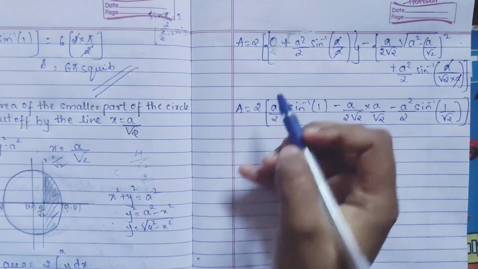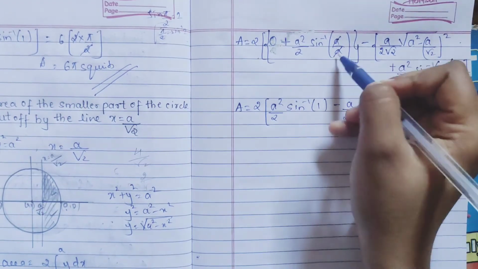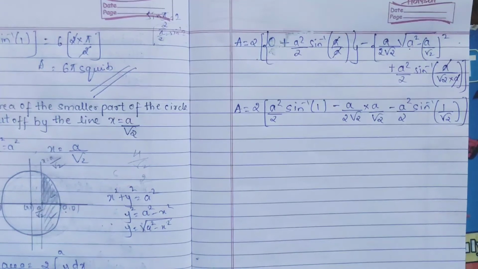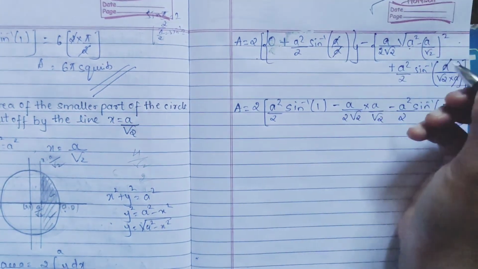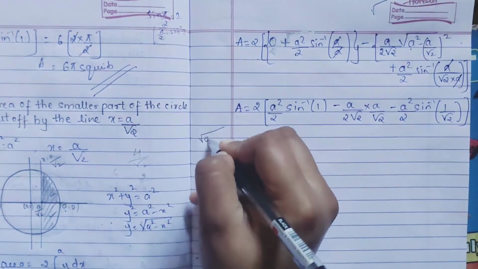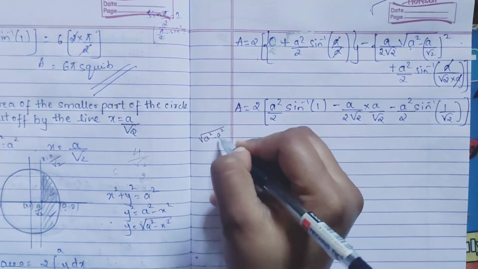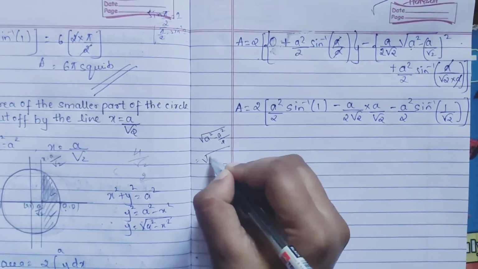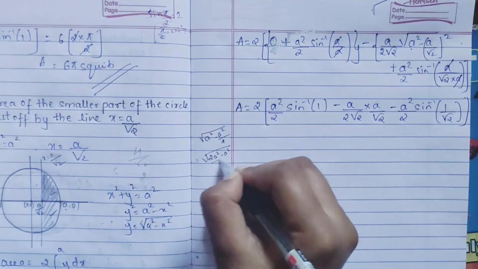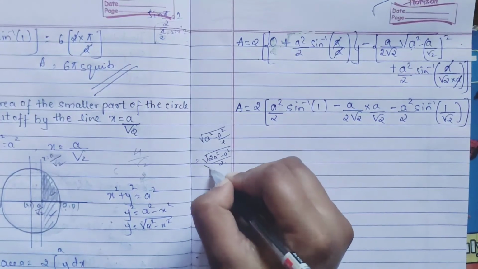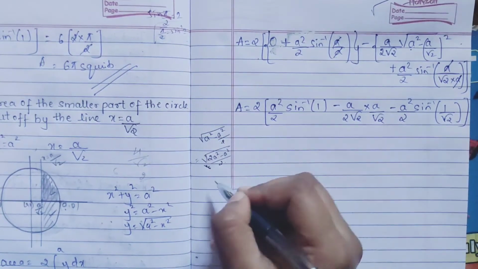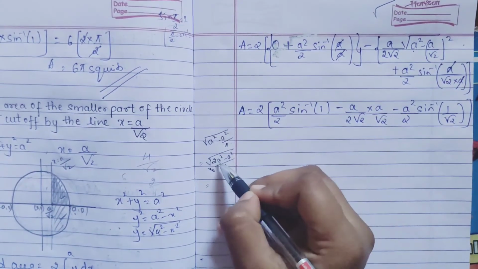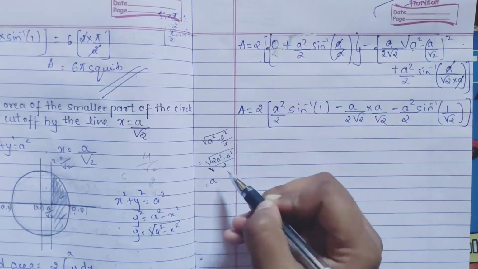So here it is 0, and you get a square by 2 sin inverse 1 minus a by root 2. Here you have root of a square, and this I can also write as a square, and root 2 square is 2. So I have to take the LCM: 2a square minus a square divided by 2. I can take a square common from both.